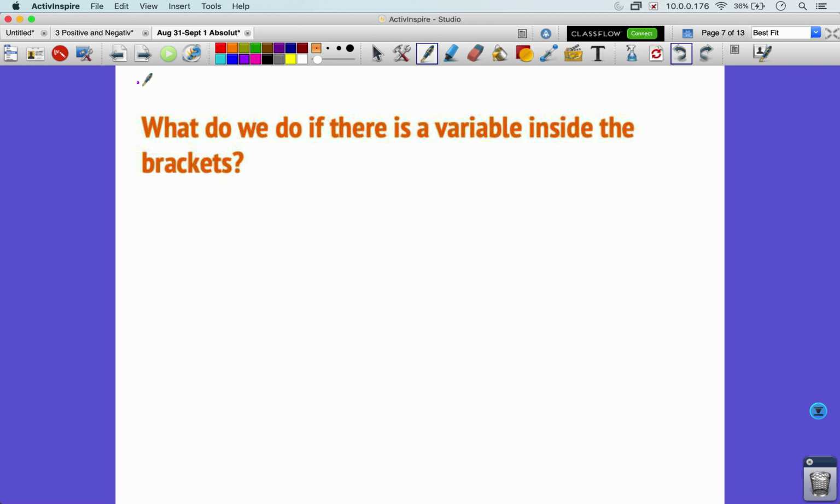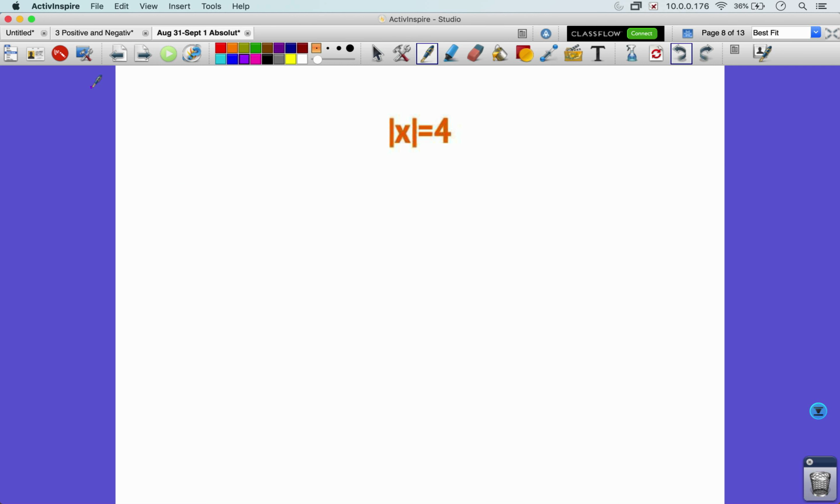So what do we do if there's a variable inside of the brackets? What if we have something like the absolute value of x equals 4? We want to find all possible values that make this true, so we have to consider both the possibility that x is positive or negative. We'll call that the positive case and the negative case.